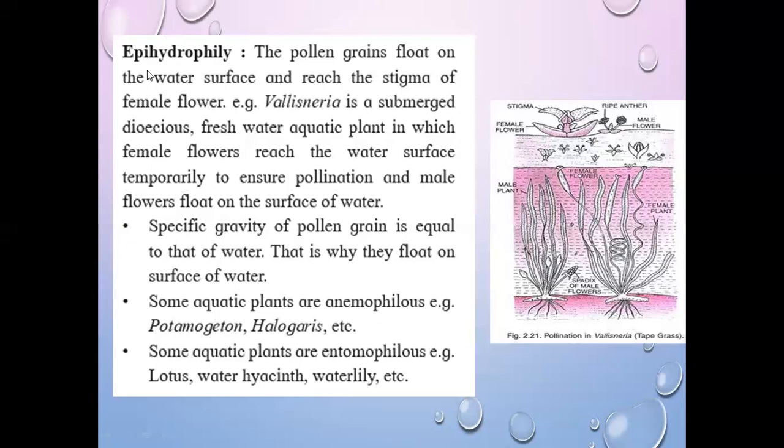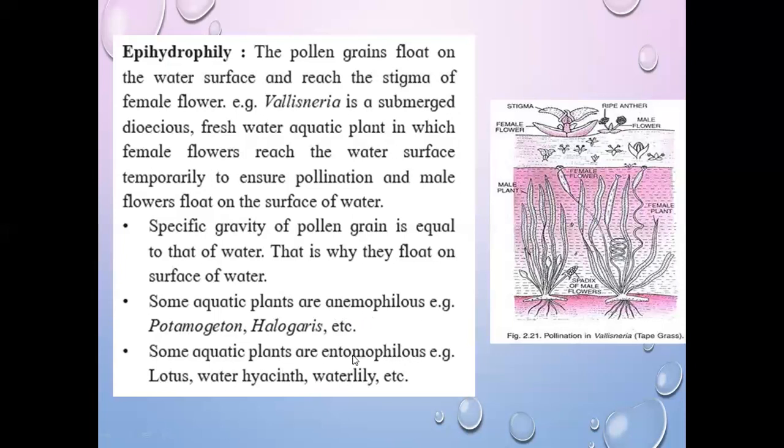So whatever the plants showing epihydrophily, some of them are anemophilous, means they are pollinated by wind. For example, Potamogeton and Halophila. Okay, these are the two types of aquatic plants which show epihydrophily by wind, that is anemophilous.